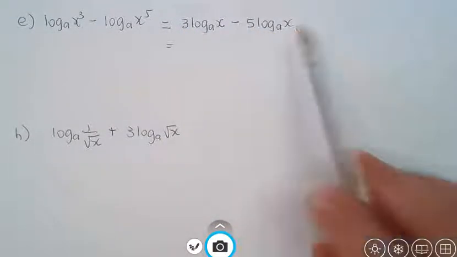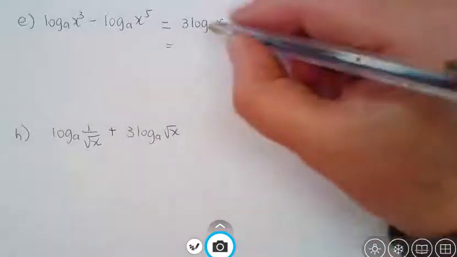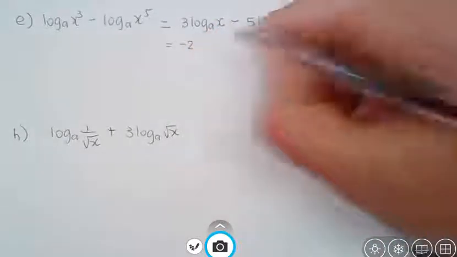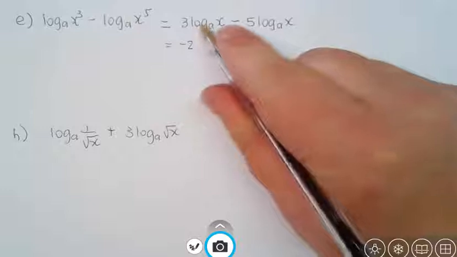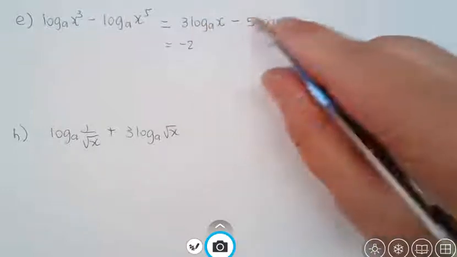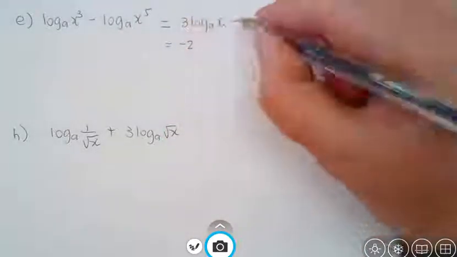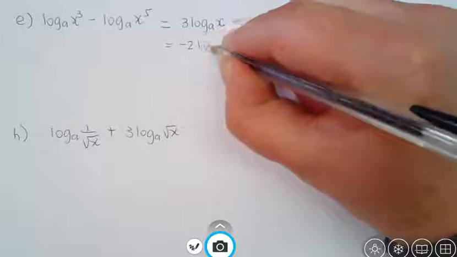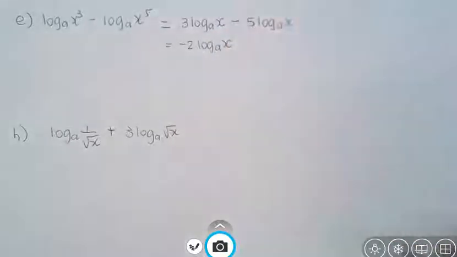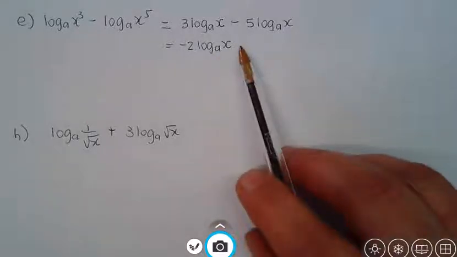These are like terms, so 3 minus 5 gives you negative 2 log to the base a of x. Now it has been written in terms of log to the base a of x.